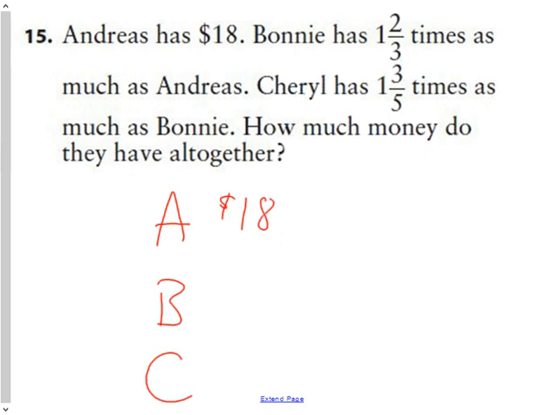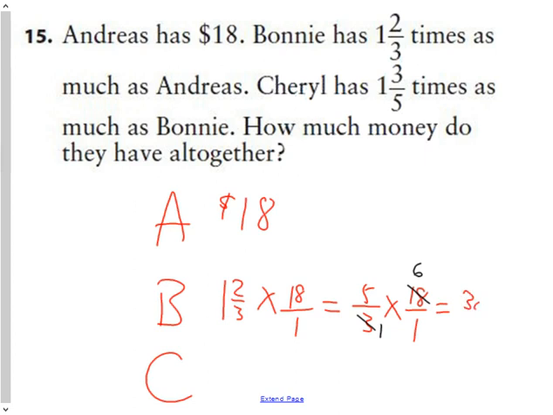So that will be, as an improper fraction, 5 over 3 multiplied by 18 over 1, which, because I love to cross reduce, 18 over 3 will become 6 over 1. Therefore, Bonnie will have 30 over 1, or $30. So Bonnie has $30.